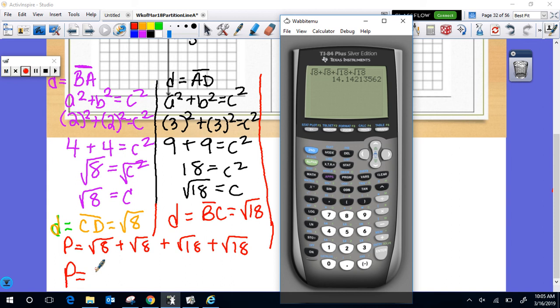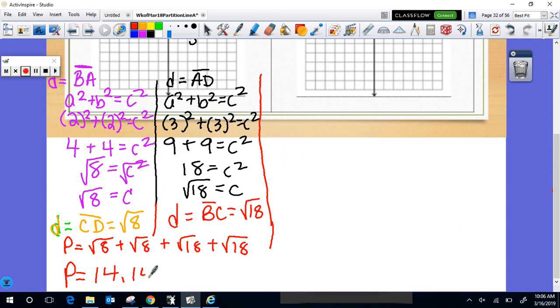Alright, so we get 14.14, and we don't know the units here, so we're just going to say units, and perimeter is a linear unit. Alright, so there you go with the perimeter for that one.